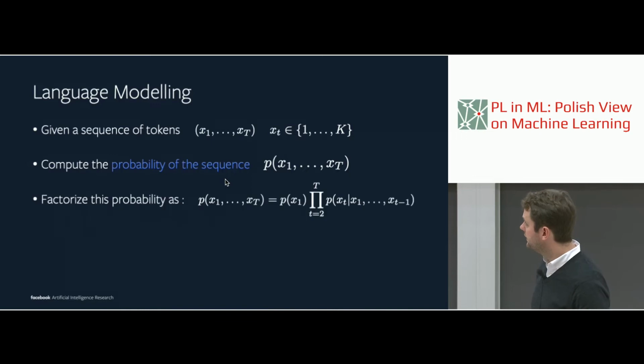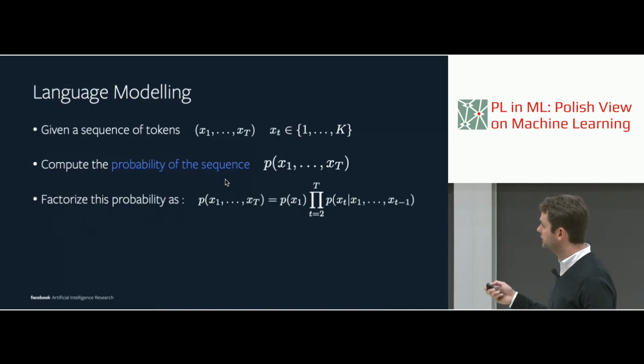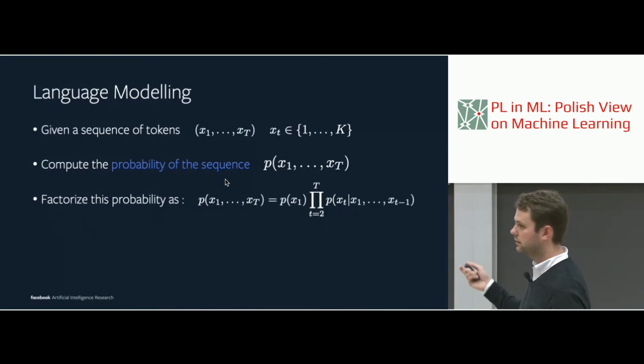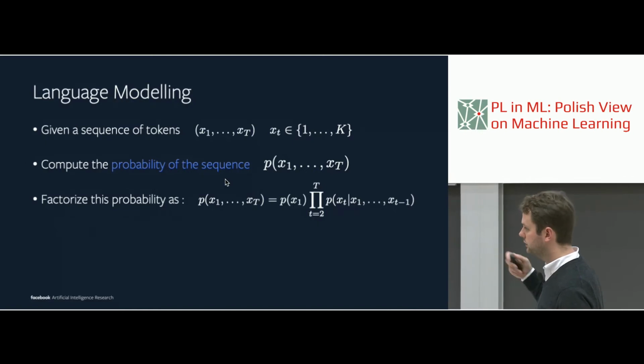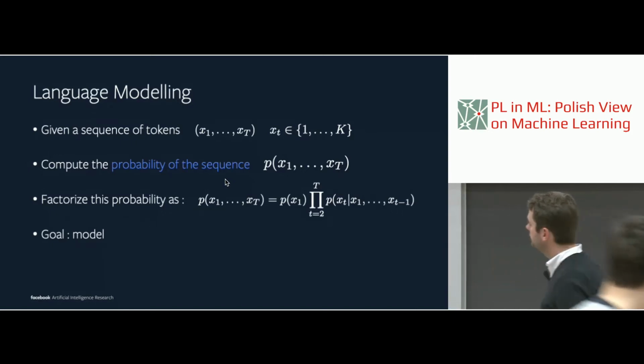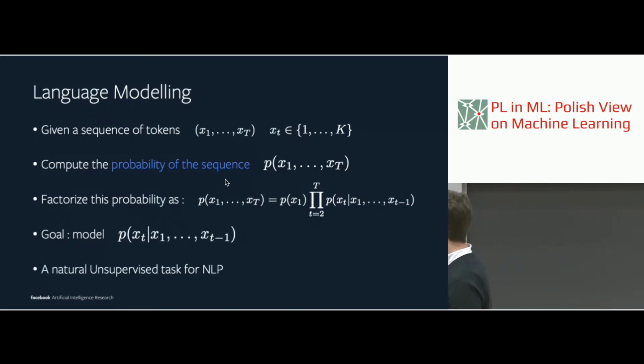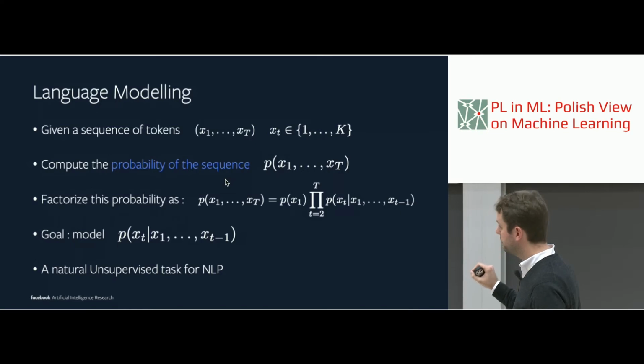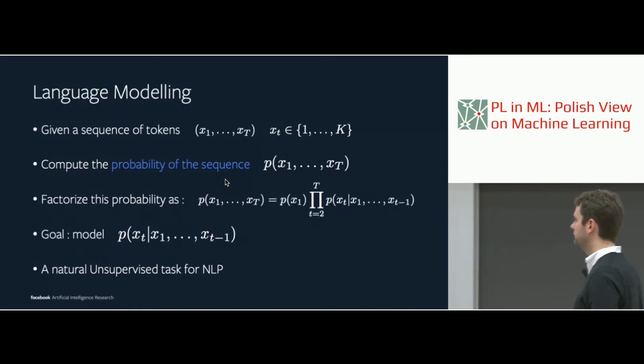And how do you do that? You start by factorizing the probability as taking the conditionals every time, conditioning on the past. And then the goal is basically modeling the probability of the token at time t, given all the tokens up to time t minus 1.